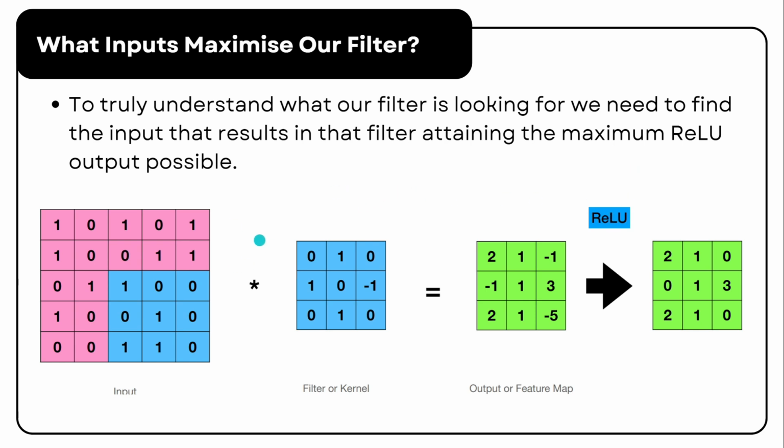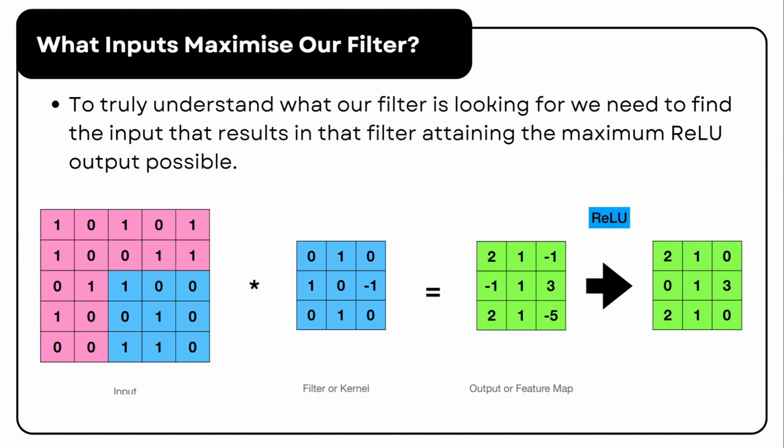In this example, you can see we start with an input image on the left, apply a filter or kernel in the middle, and generate a feature map as output. Then we pass that through a ReLU function, which keeps only the positive values and zeroes out the negatives. The key idea here is what input image would lead this filter to produce the maximum ReLU values in the output.